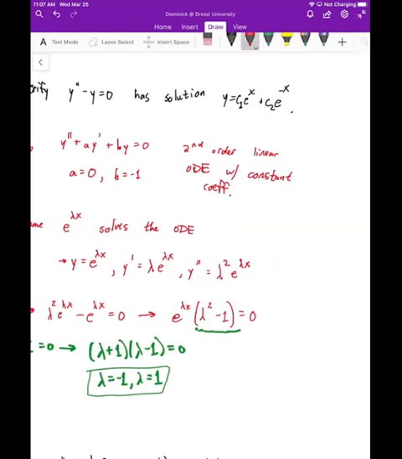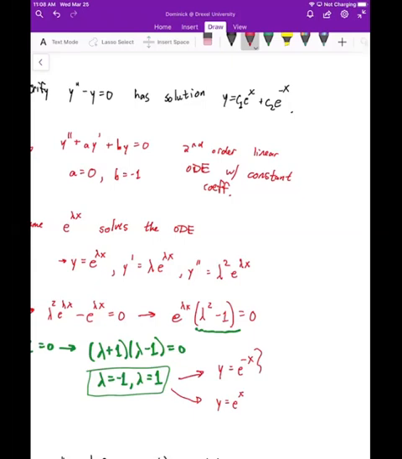So now what does that mean? That means that our solutions are, remember, we assumed that e to the lambda x was a solution, so we found that one lambda is -1, so we get y is equal to e to the -x, and then of course the other one is e to just the positive x.